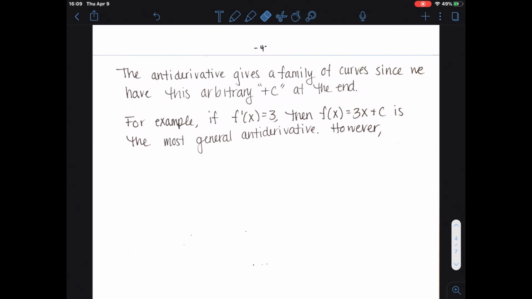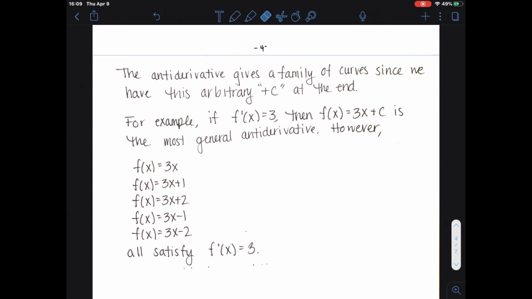So for example, if you have f prime of x equals 3, then a general antiderivative is 3x plus c. However, all of these are also functions that are antiderivatives because they all satisfy that the derivative will be 3. They just have a different constant at the end. So it creates this family of curves that all have exactly the same derivative.